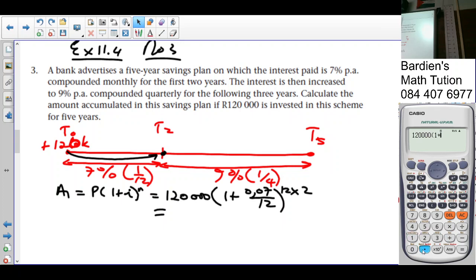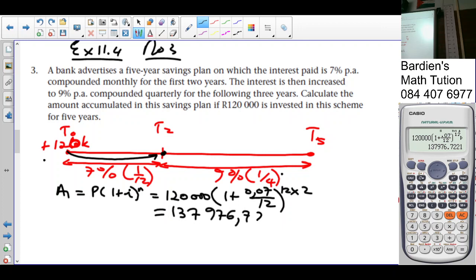So that gives us 137,976 Rand and 72 cents. So that's the amount lying at this point here.